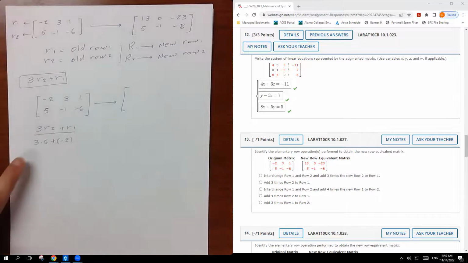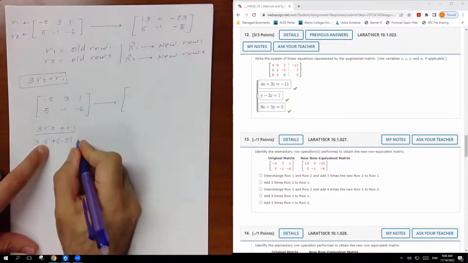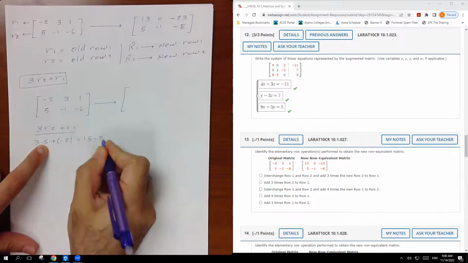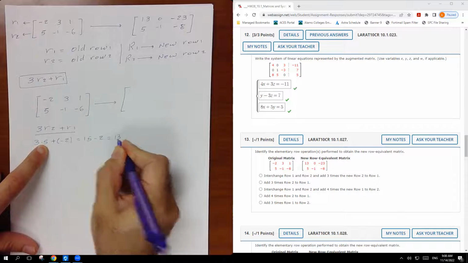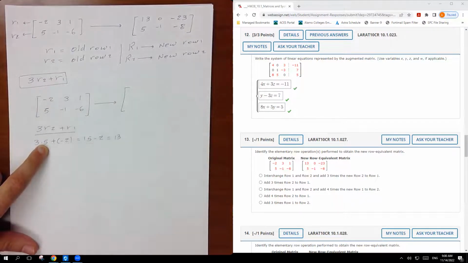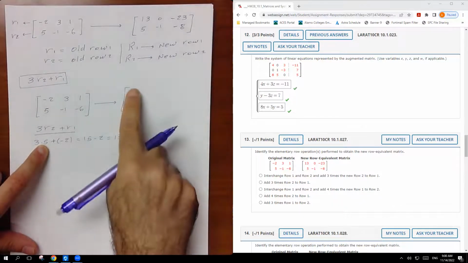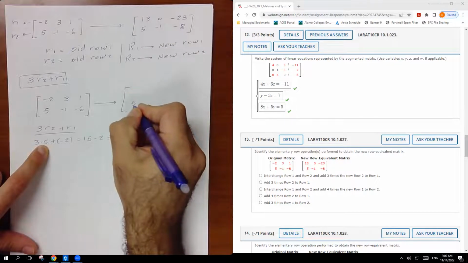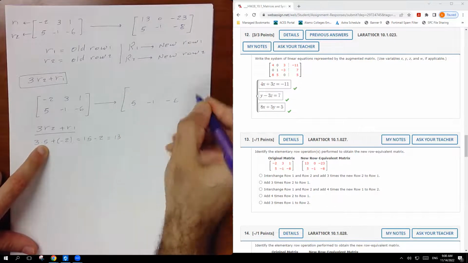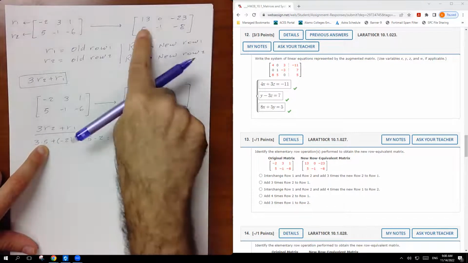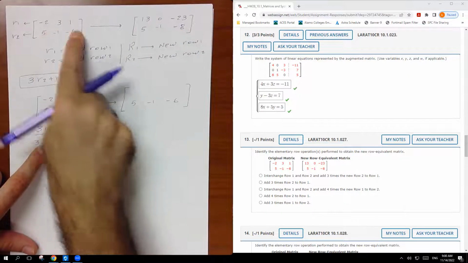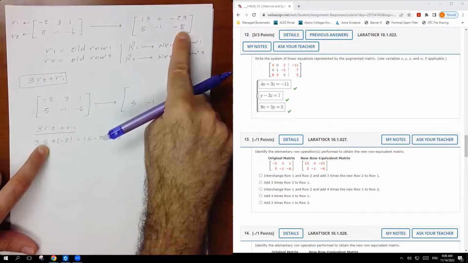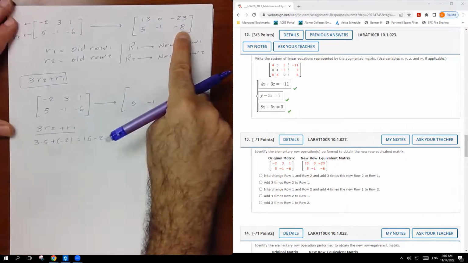Check how much the result is. 3 times 5 is 15, minus 2 is going to be 13. 13 is the number here in the new matrix. So here's 5, -1, -6. You see, row 2 is exactly the same. But that number is -8, it's not -6.